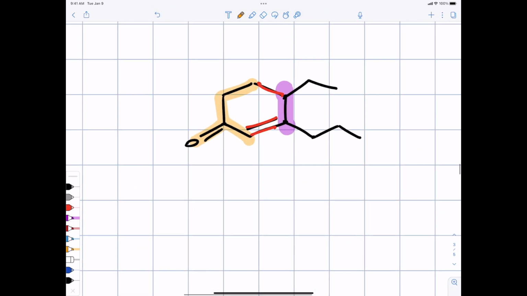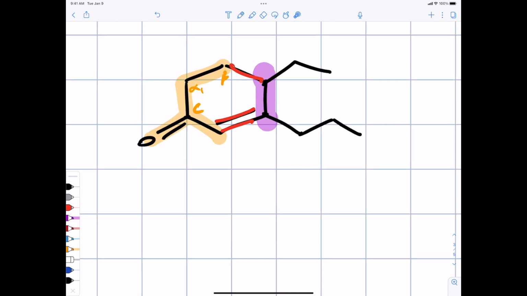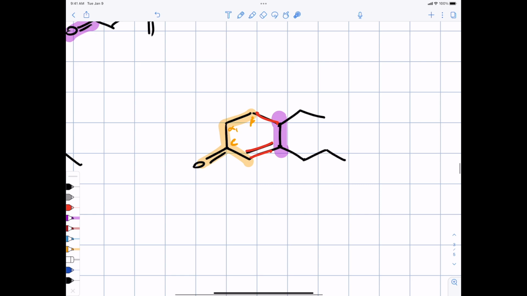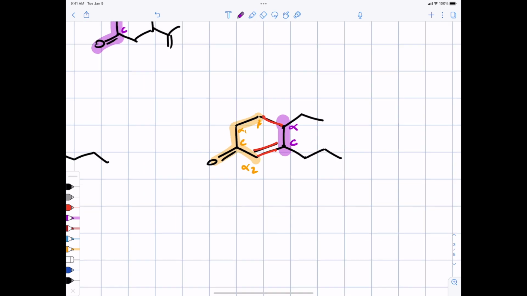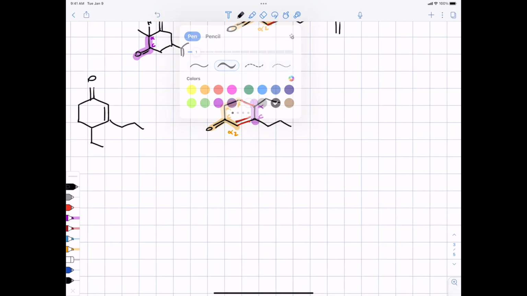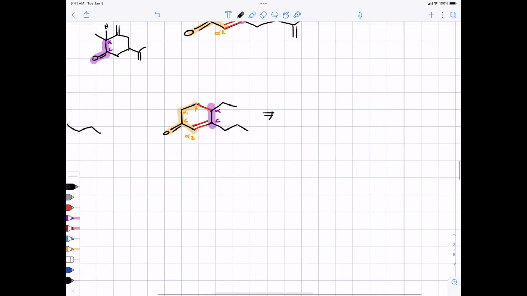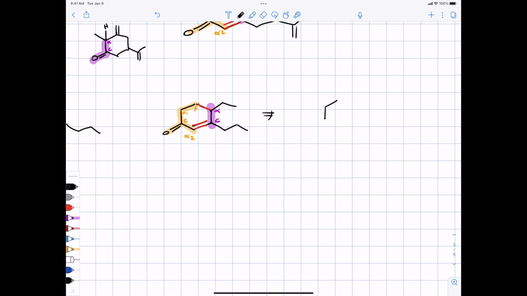Sometimes it can help to label. This is alpha 1, and alpha 1 and beta are where the double bond is going to go in your starting materials. And then this alpha 2 is the one that was the enolate in the intramolecular aldol. This is a carbonyl carbon, that's an alpha carbon. You break those into two separate pieces that look like this.